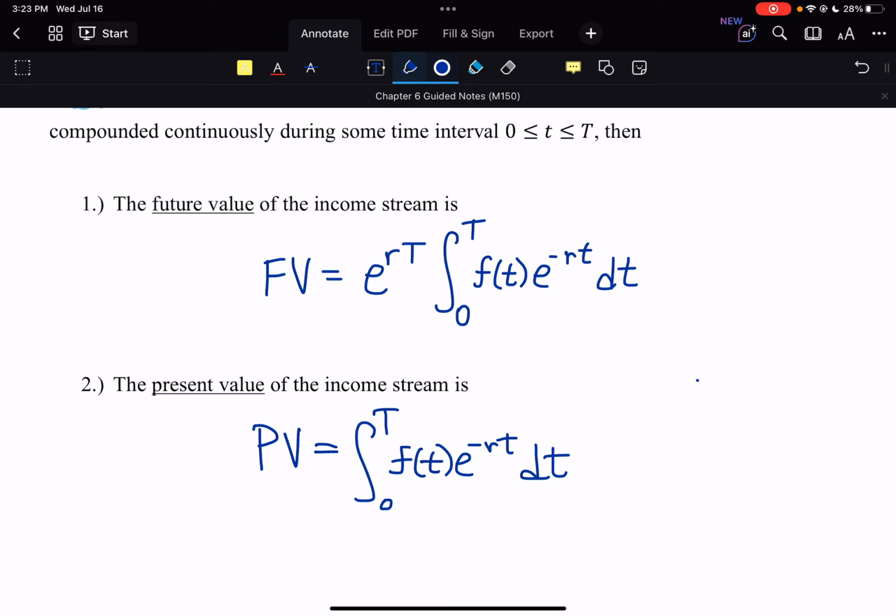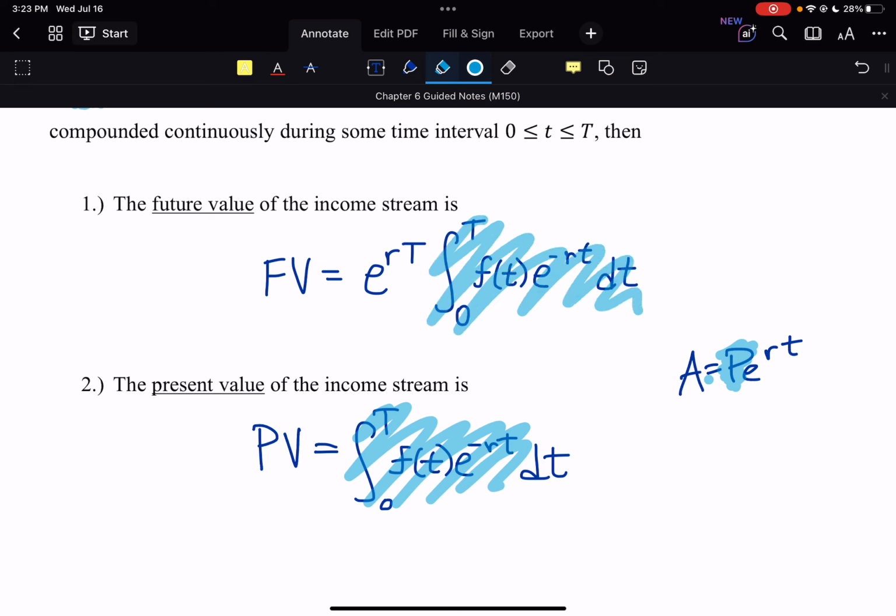Remember the original formula, where this is the initial amount that gets put in to the account, well, that is this. So this is the P, this is the present value of the income stream. And then when we multiply that by e to the RT, that gives us the future value. That's the final value after it has accumulated its interest.